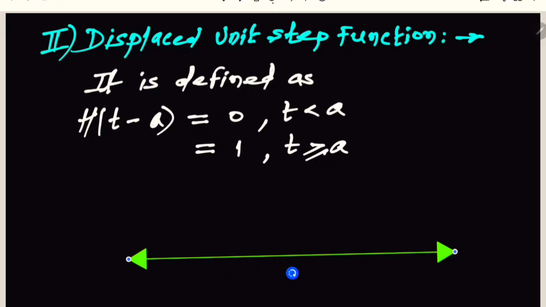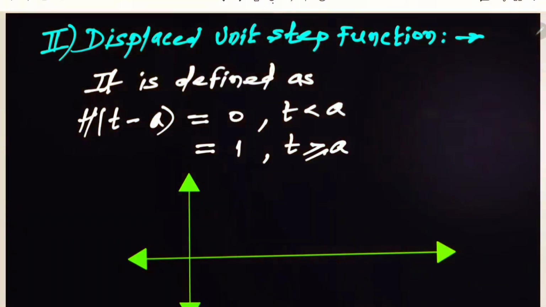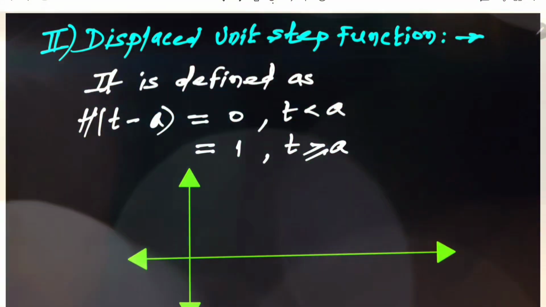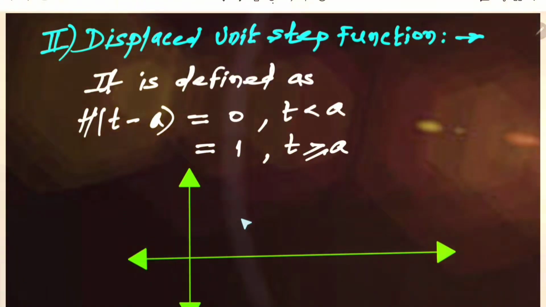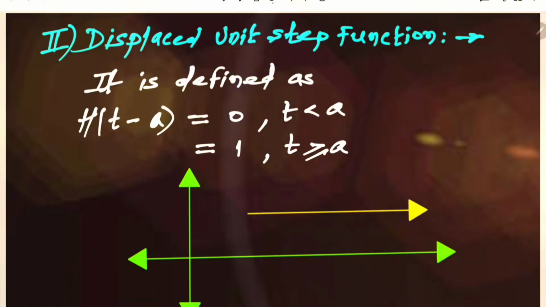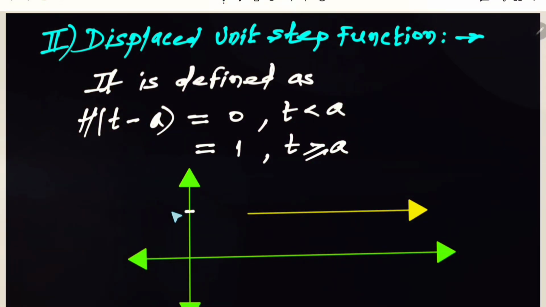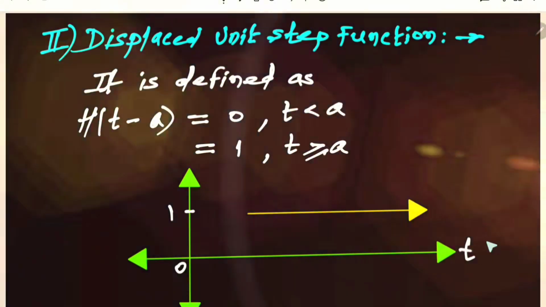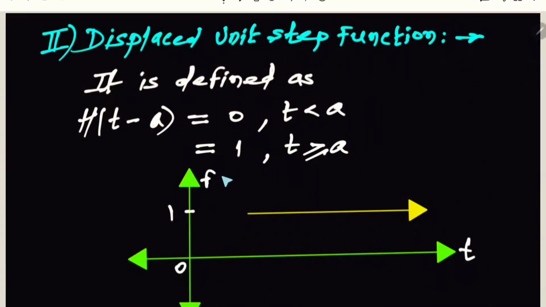And we can denote this by means of a figure like this. Again, on x-axis t and on y-axis f of t, and graph starts from t equal to a, value is 1, and for other values of t, value is 0.